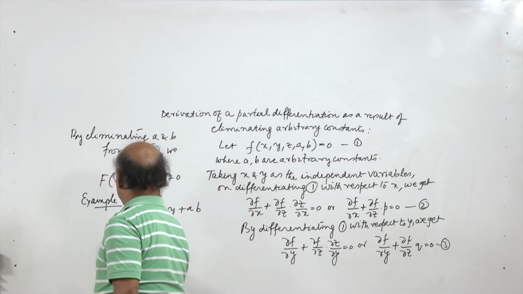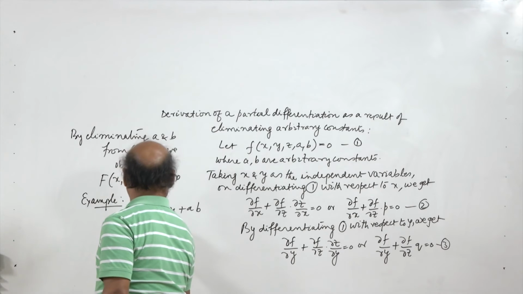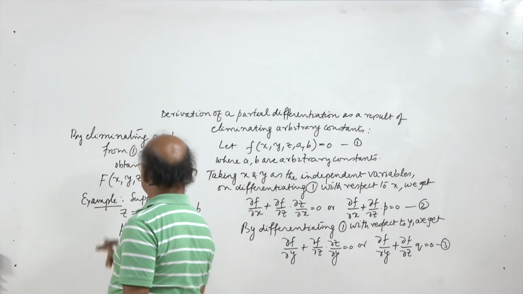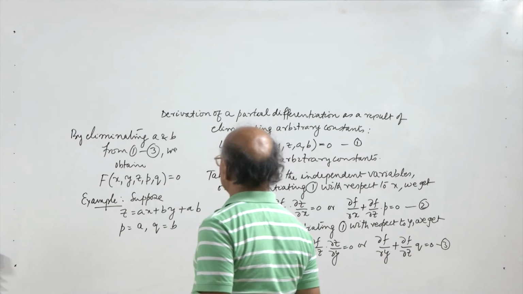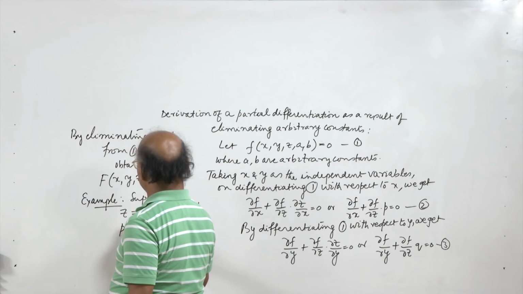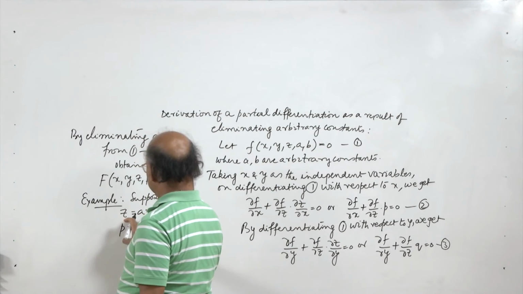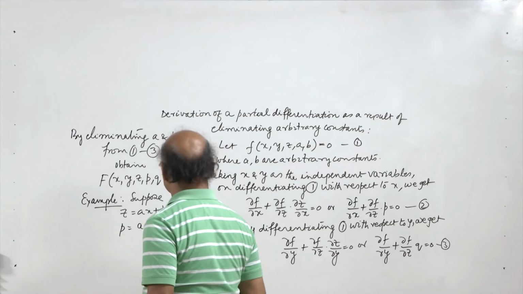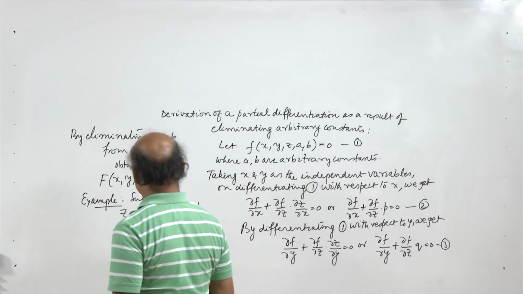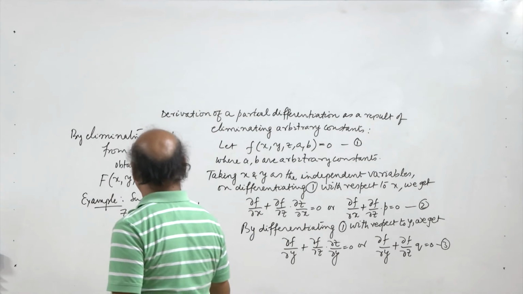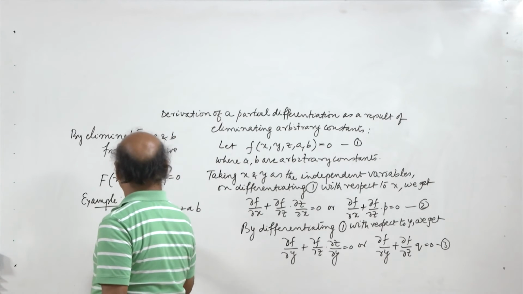So, this will give you p equal to a and q equal to b. When you differentiate this equation with respect to x, we get ∂z/∂x equal to a, which is p equal to a, and ∂z/∂y equal to b, which gives us q equal to b. So, we get two more equations, p equal to a, q equal to b. Now, eliminate a and b from these three equations.